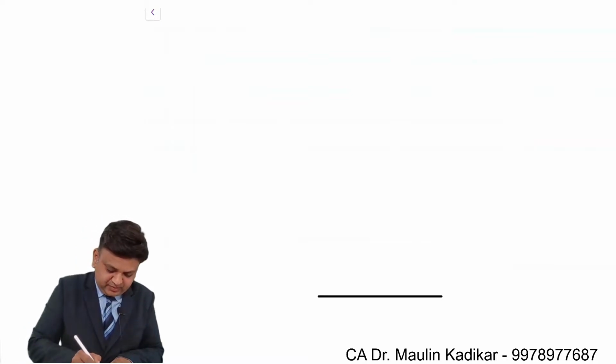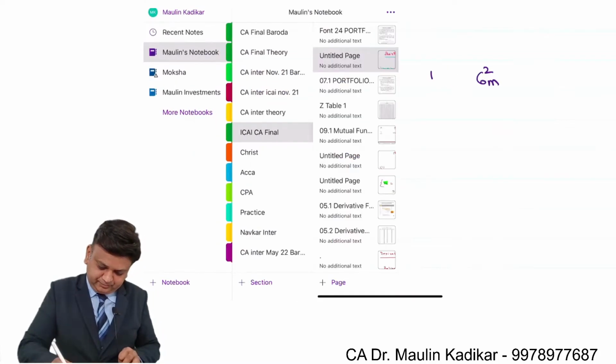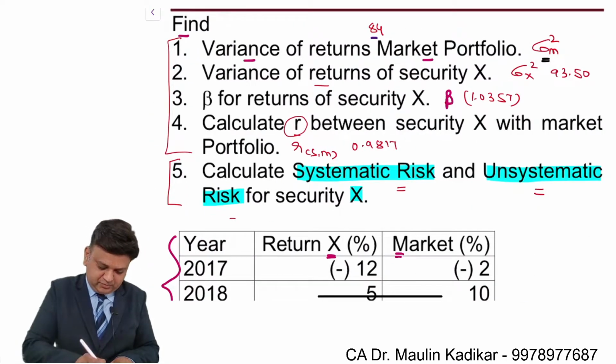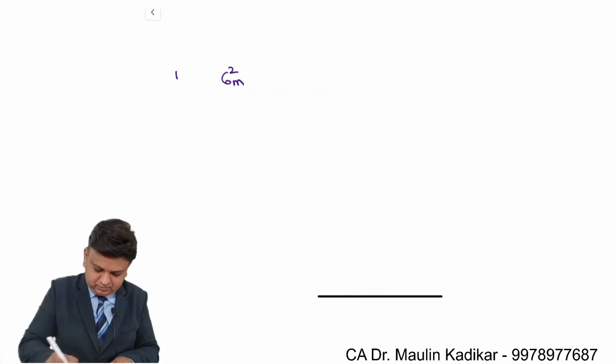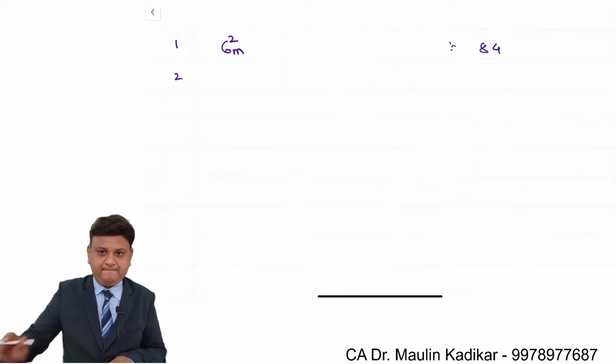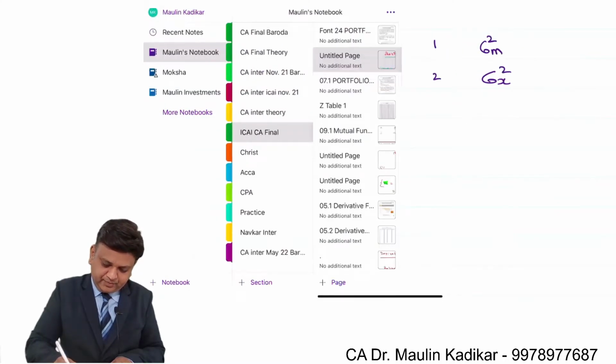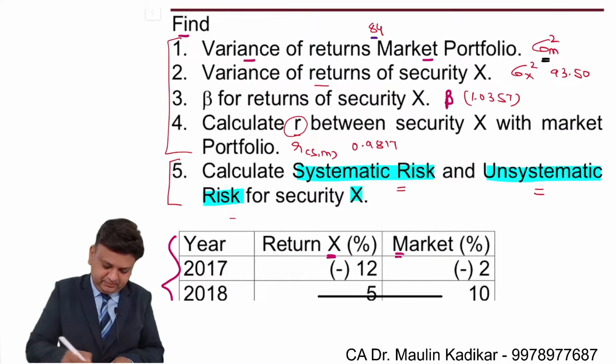So write down the answer along with me. In the first question, it is the variance of the market portfolio, which is 84. Second part of the question, in which we are required to compute the variance for the security X. So the variance of the security X is 93.5.